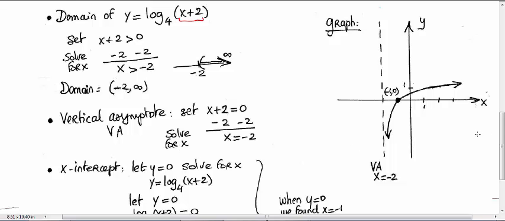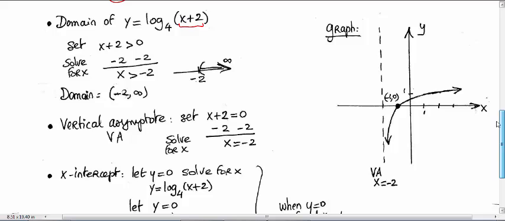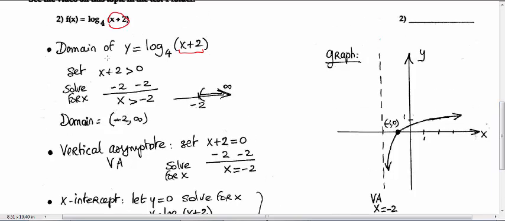To get the x-intercept of this function, you need to remember that no matter which function you have and you're graphing it, if you want to get an x-intercept, you need to let the other variable y be 0 and solve for x. Now, y is f(x), and if you remember, the function we're working on is f(x) equal to log base 4 of the quantity x plus 2.